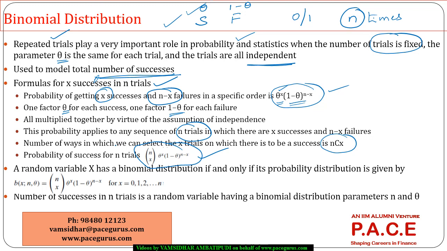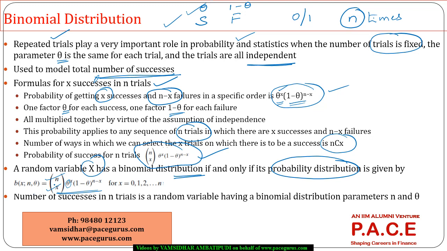Right? So a random variable x has a binomial distribution if the probability distribution for it is given by nCx times theta to the power x times 1 minus theta to the power n minus x. So n trials I have performed, x times I want a success, theta is the probability of success.